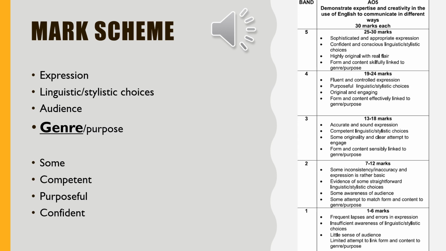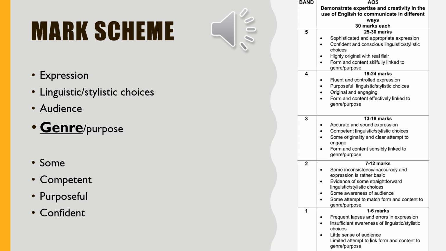If you look at the mark scheme, you'll see several words that pop up again and again. The first of those is expression, and by that they mean written expression, which is basically SPAG plus. So it's spelling, punctuation and grammar, also your choice of individual words, how you express yourself, all those things. You might see me comment on written expression in essays sometimes, which is about the clarity of how you express your ideas.